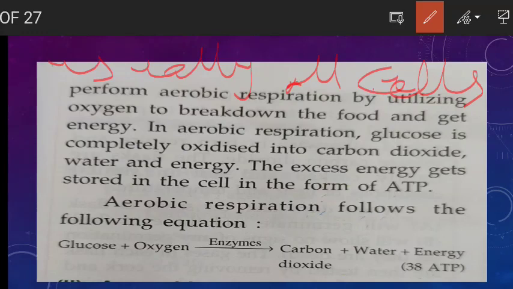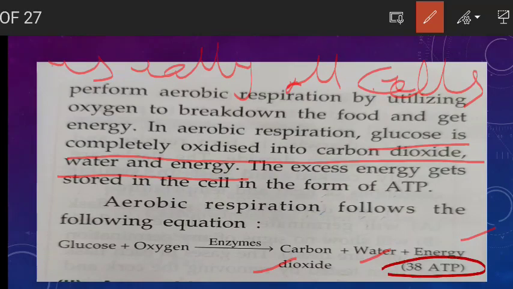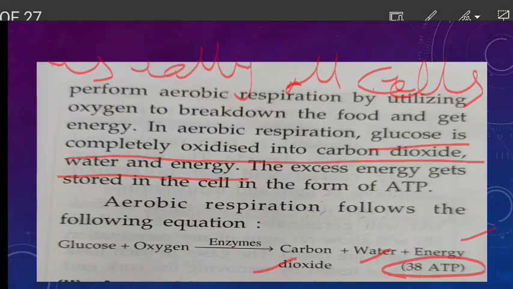In aerobic respiration, glucose is completely oxidized into carbon dioxide, water and energy. You can see carbon dioxide, water and energy. The excess energy gets stored in the cell in the form of ATP. And what amount of ATP? 38 ATP. So in aerobic respiration, 38 ATP is released.